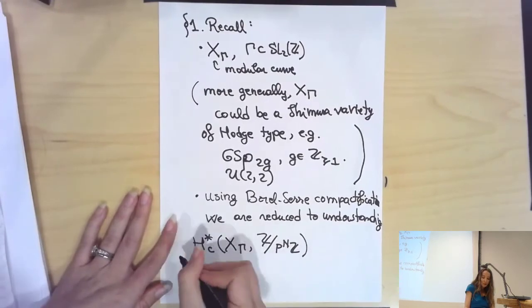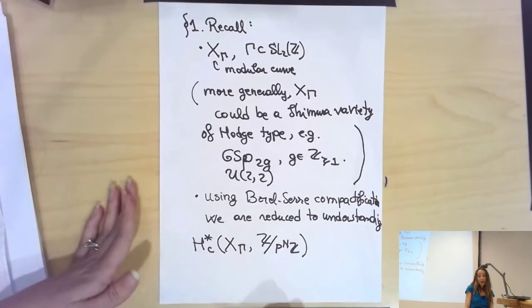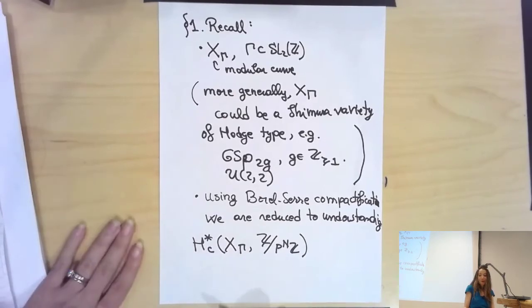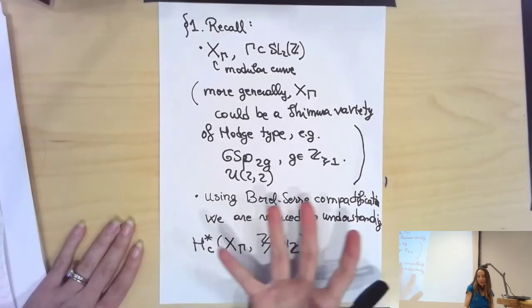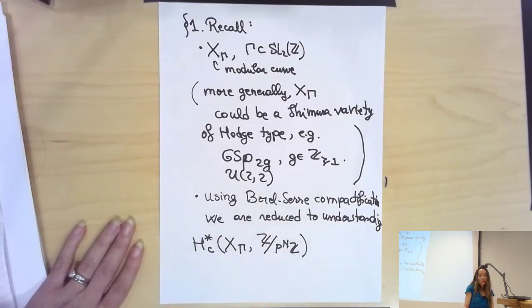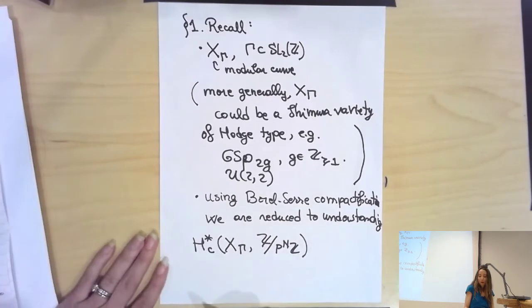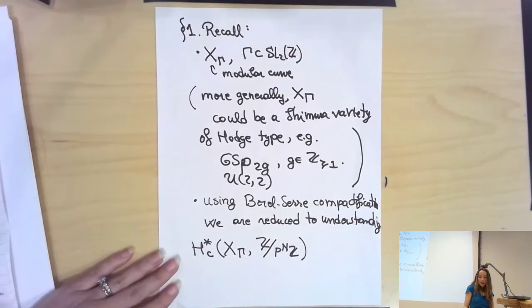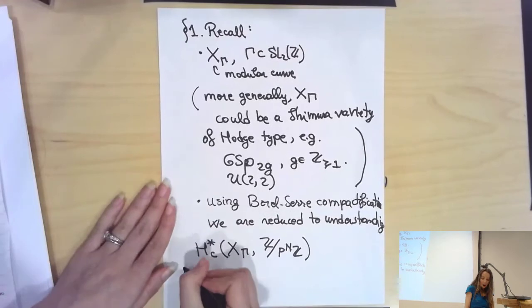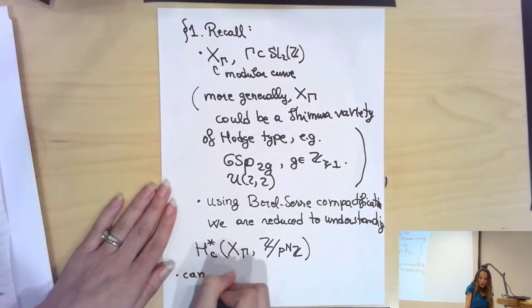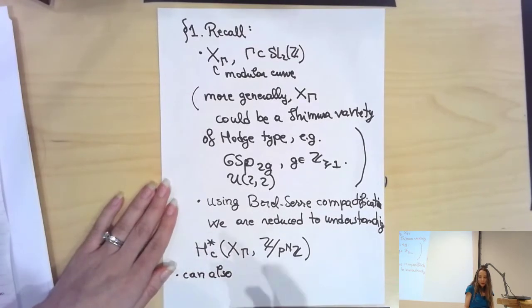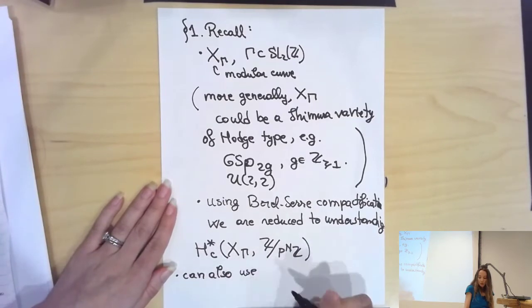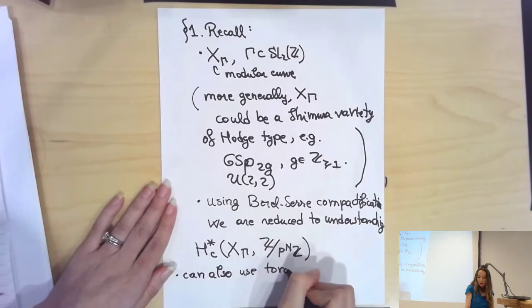Before I move on to talking about perfectoid spaces and saying what we're going to do about this, I do want to make a remark. So there was a question yesterday, and I gave the wrong answer. So the question was, can you use other compactifications? Can you use a different one, not the Borel-Serre compactification? And here I really should mention that you can also prove theorems of this kind using the toroidal compactification, which is a compactification as an algebraic variety.